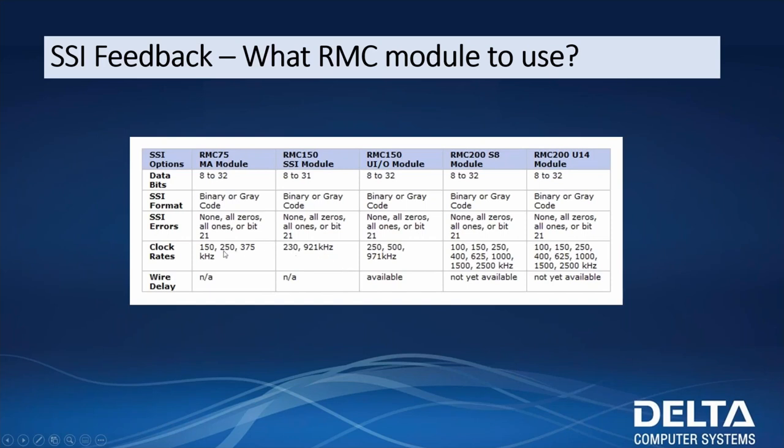You can see that clock rates, you've got a few more options with the RMC200. 75 has a few options. Most of the time you'll find something that will work just fine with your transducer, but if you need a different clock rate, maybe something not very standard, it's worth looking into the different modules.